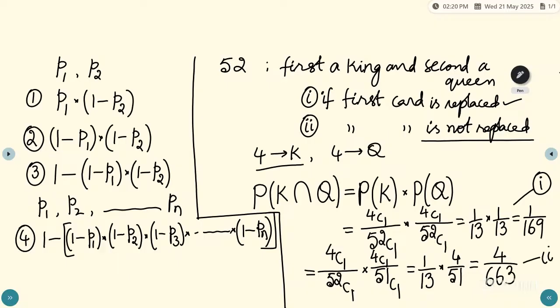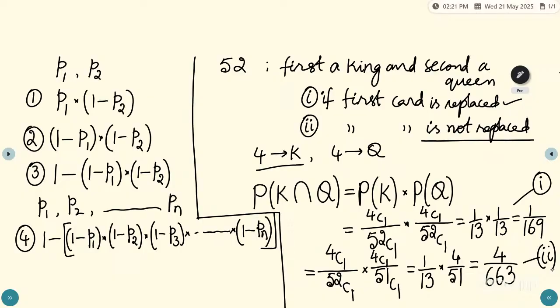This is in case the first card taken is not replaced. If the first taken is not replaced, the answer is different. Listen carefully. Whenever a problem is given, you have to observe the number of trials. If different trials are coming, you need to verify whether they are dependent or independent events.